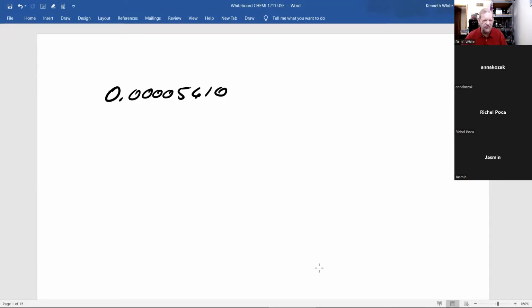How do you write this in scientific notation? You move the decimal point to the right of the first non-zero number. 1, 2, 3, 4, 5. Now, since there is a decimal point, we do not drop that 0. So we have 5 point, let me rewrite this.